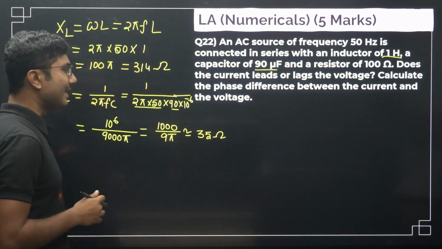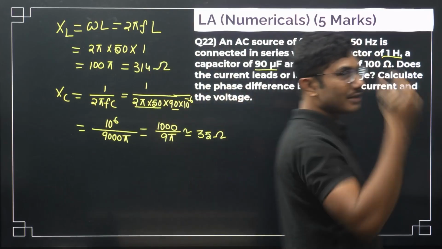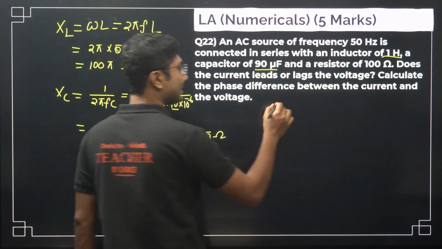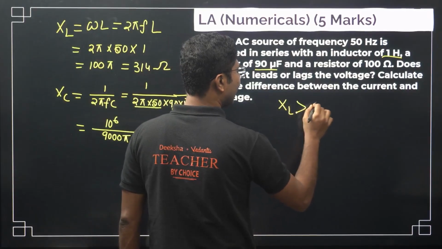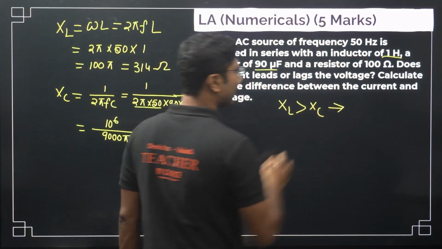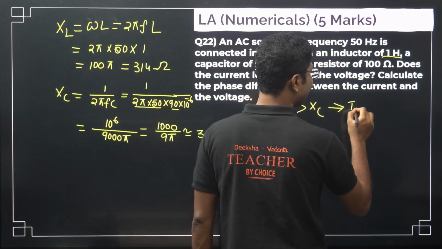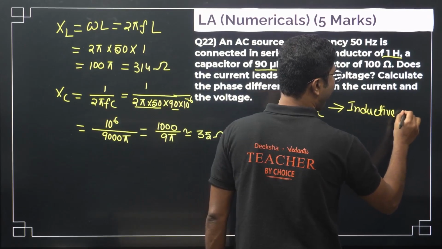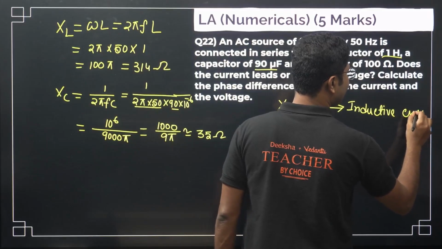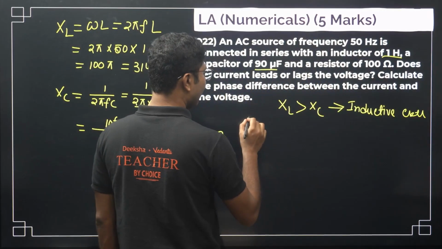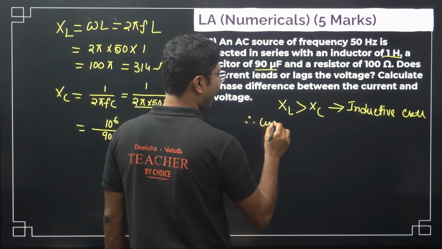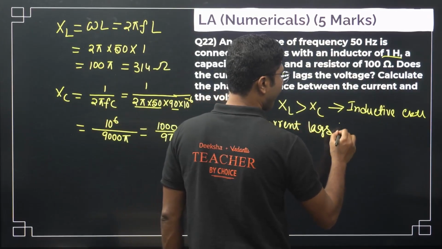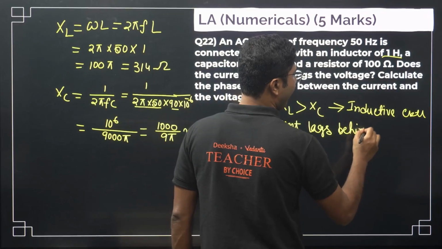So as you can see in this case, XC is smaller than XL. So XL is bigger than XC. That means the circuit is an inductive circuit. That means in case of inductive circuit, current lags behind the voltage.